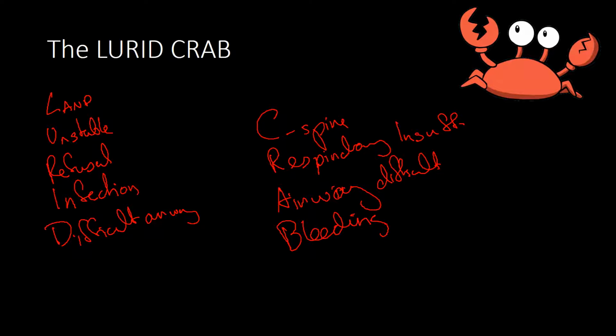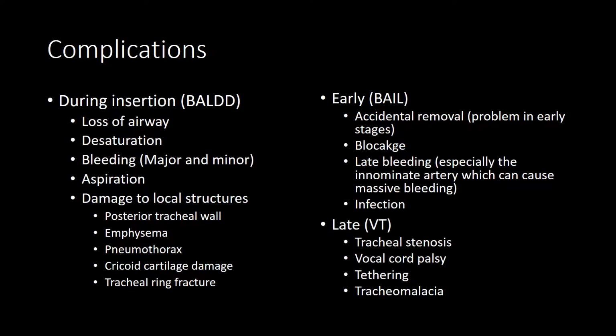So once you do get on with putting in the tracheostomy, there are some complications you need to watch out for, which are during insertion, early complications and late complications. During insertion you could lose the airway, and the patient will desaturate, they usually will. There'll be bleeding, minor or major. They may aspirate the blood, and you can cause damage: posterior tracheal wall, surgical emphysema, pneumothorax, cricoid cartilage or tracheal rings.